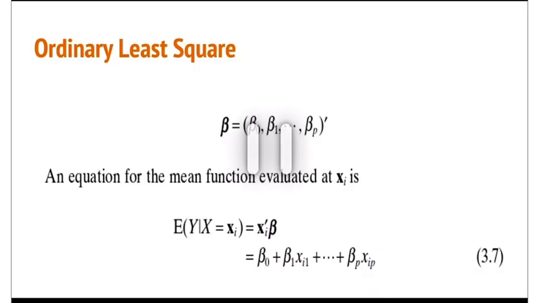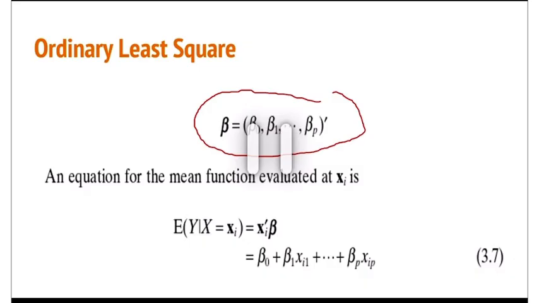Now, using the idea of matrix algebra, because we've got a lot of parameters involved, I'm going to say I have a beta, and that beta is a vector containing beta naught, beta 1, up to beta p. So I'm trying to specify the parameters of interest.